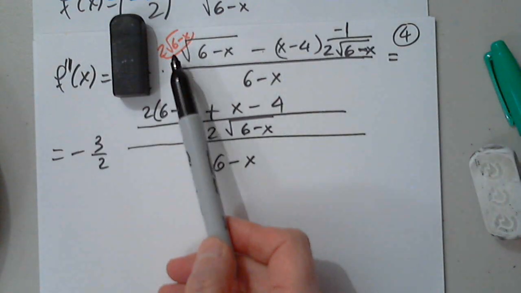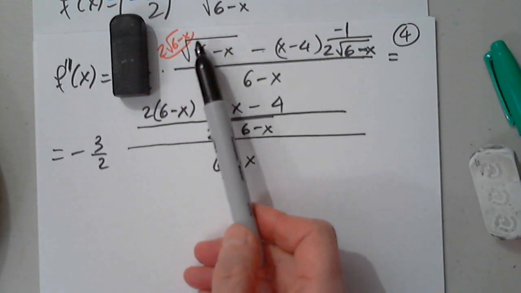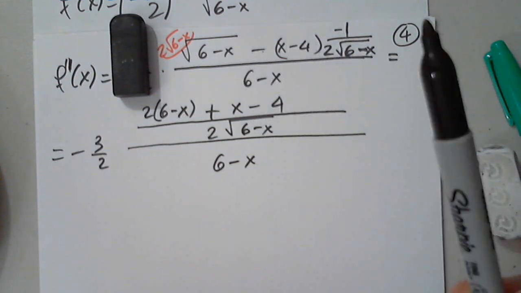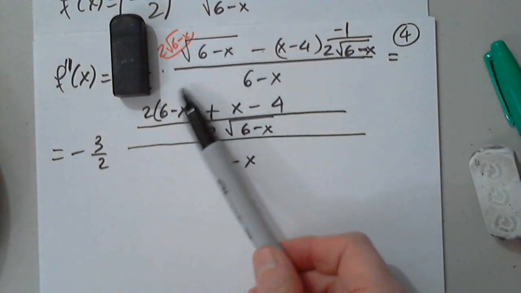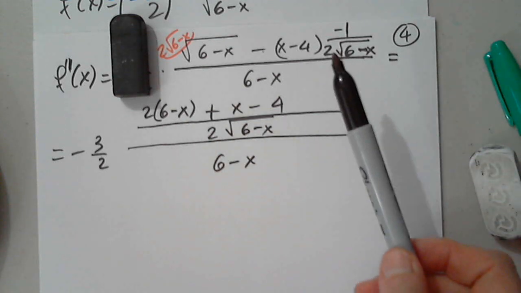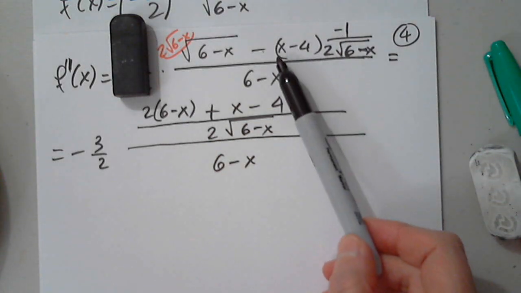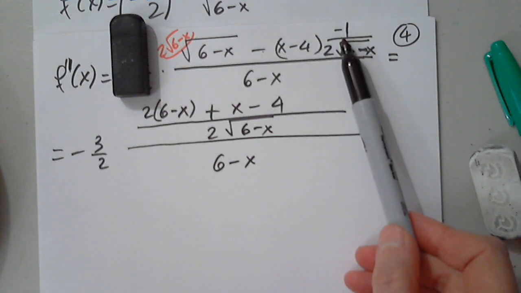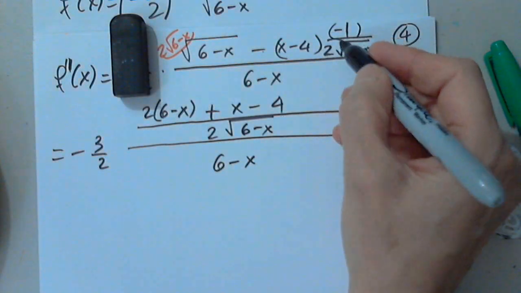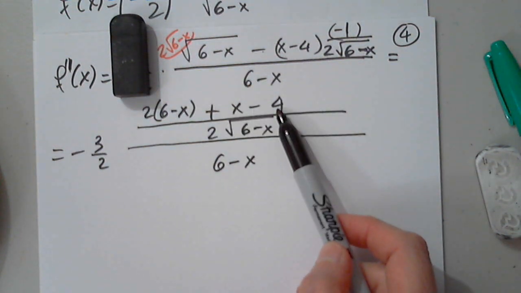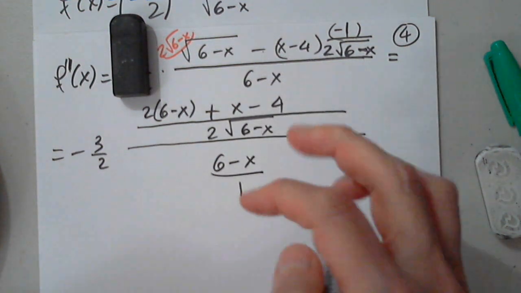Like before, I have to multiply 6 minus x by 2 the square root of 6 minus x. We get the same thing, 2 times in parentheses, this product, 6 minus x. And then minus 1 times negative 1 in front become positive. It's a product. I have to multiply. Just make sure this is a product. So then I have x minus 4. Now this is over 1, so I'm going to flip it.